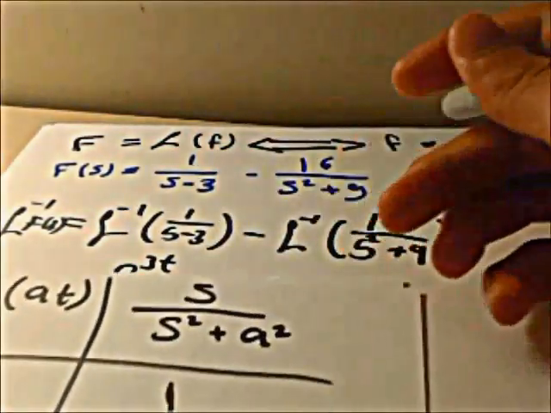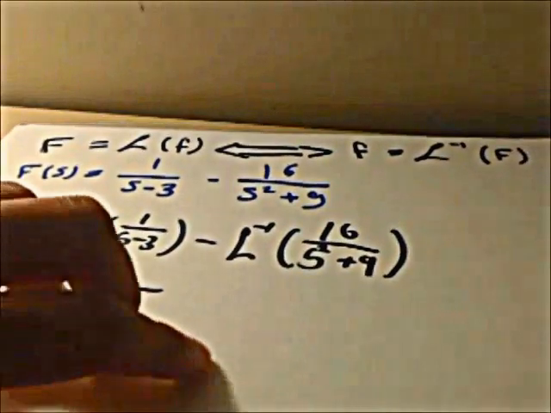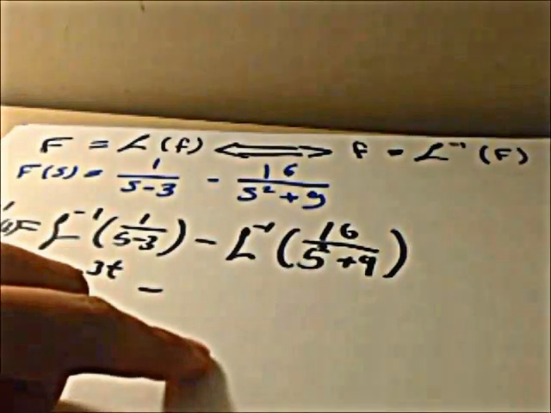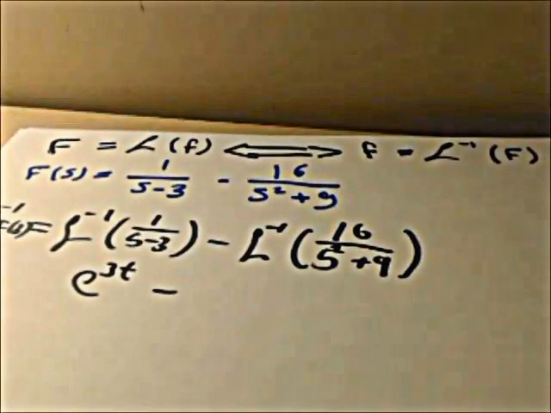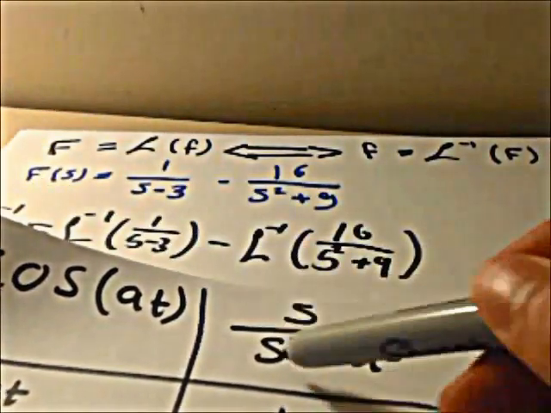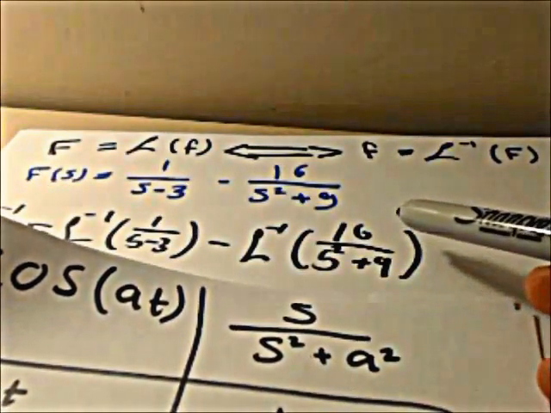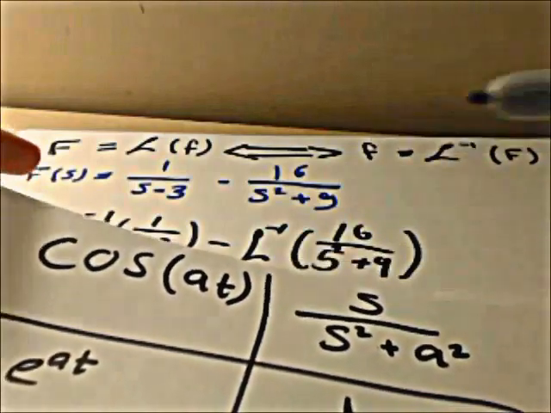And then minus, for this one we've got 16 over s squared plus 9. We have a similar one, but there's an s in the numerator of that formula, and we don't have an s here, so that's not our formula.